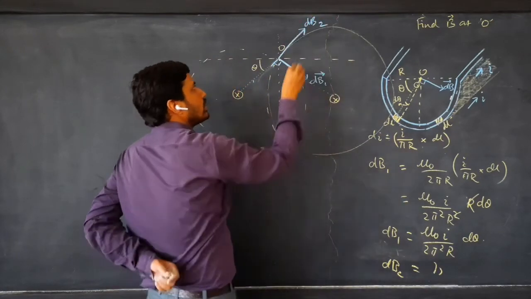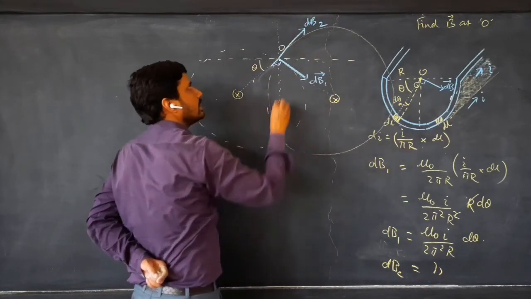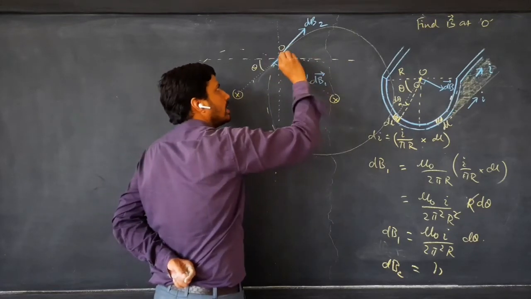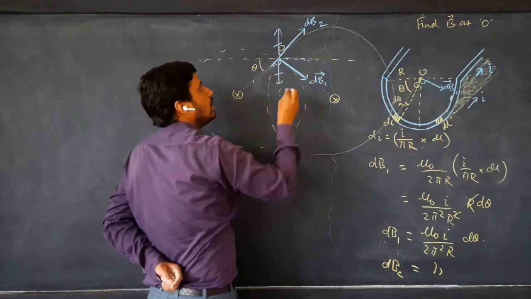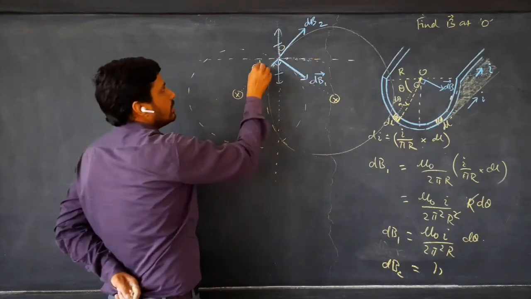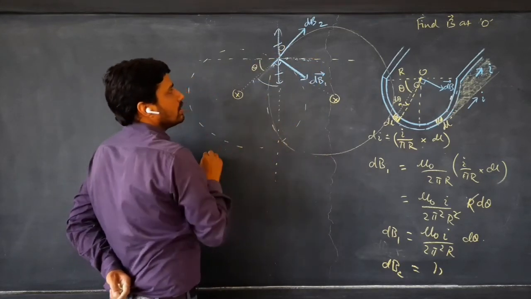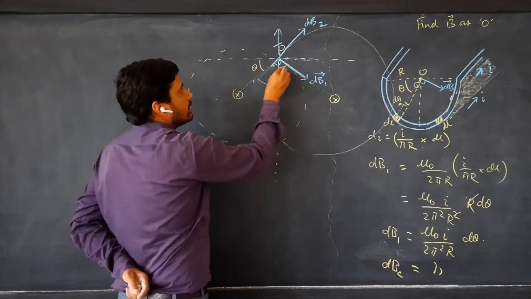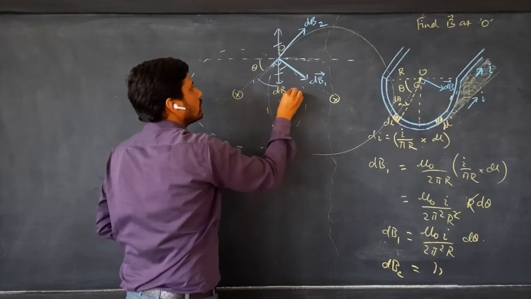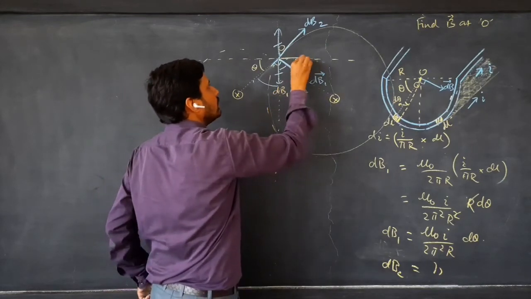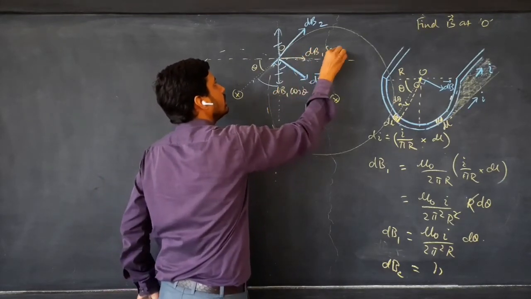Now you can see these two vectors we can resolve along this axis and this axis. So this component will add up and these components will cancel. Now what are these components? You can see this is theta, so this will be 90 minus theta. So this I can write as dB1 cos theta, and this one dB1 sin theta.